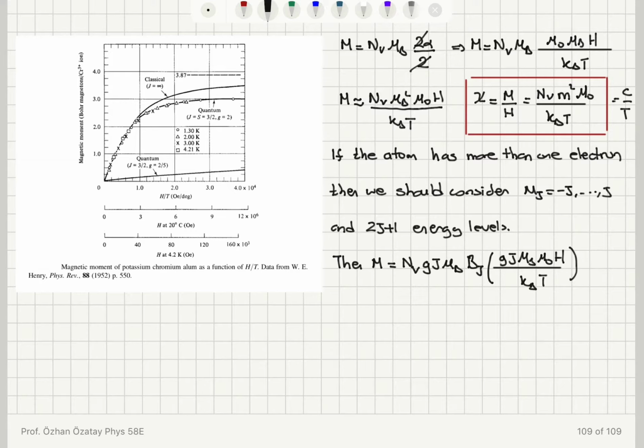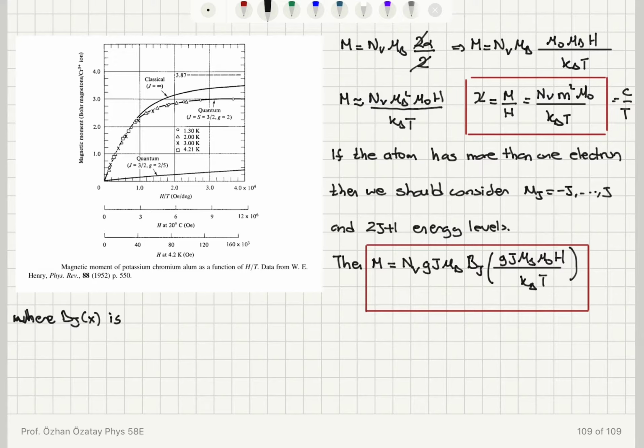So the Brillouin function is a function of this alpha. So we're going to use this and check it in some limits where we have Bj of x is the Brillouin function.